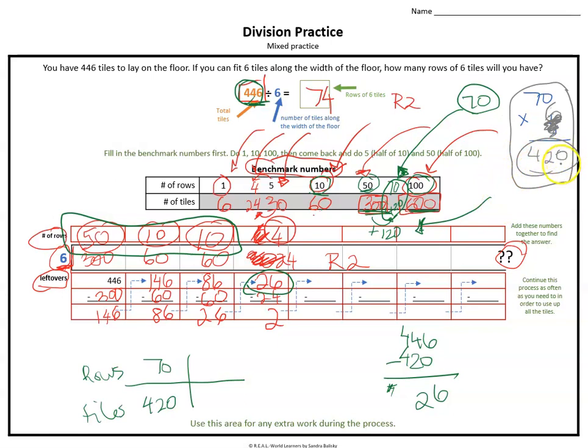So any way you think about it, whether you did this, whether you figured out that this was 420 as kind of a midway, or whether you just did the benchmark numbers, that's kind of 3 different ways of thinking about it, you'll get the right answer. Okay, so hopefully this helps. You can just use the benchmark numbers and you'll be fine, or you can go through and do it this way. This video already got longer than I thought it was.